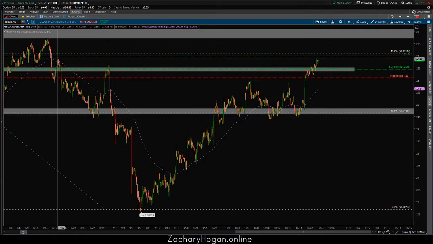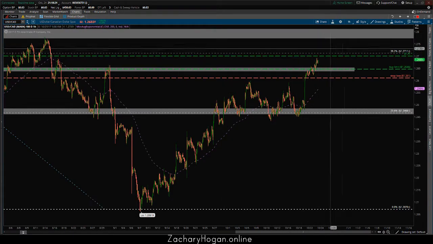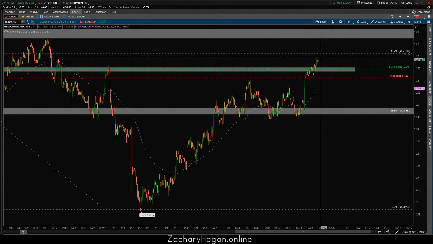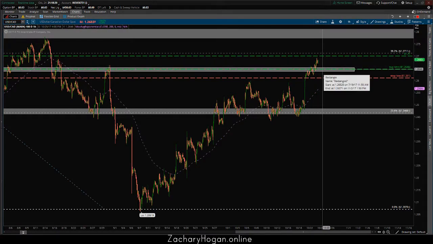And it does look like we made a higher high, just by a little bit. We wicked, not quite up to that 1.27 level just yet. So we're going to have to see what happens through London. It wouldn't surprise me to see price come down, fill on the buy limit, and then continue to the upside.